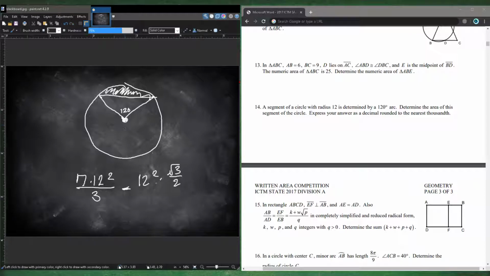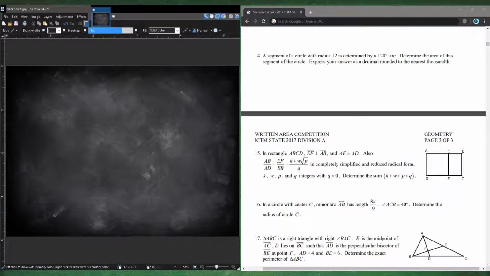And then we divide by 2 to get the final one. So using our calculator, because we approximate to the nearest thousandth, 12 times 12 times pi divided by 3, and then we have 12 times 12 times square root 3, and then that's divided by 4. So that area minus that one, we should get 88.443. And that's your answer for number 14.